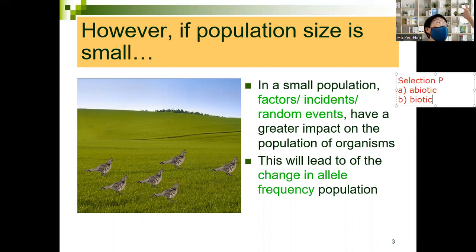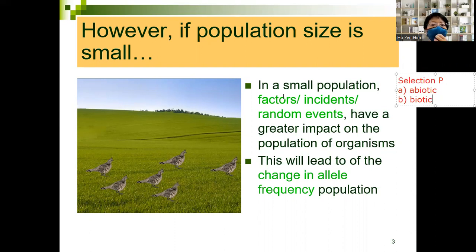Suddenly there is snow, okay? Or no rain, so it's abiotic. Biotic can be a lot of reasons. It could be a predator, an eagle, for example. It can be disease like virus, pathogen, fungus, bacteria that can cause disease, so they die, right? Biotic, or competition for food, competition for breeding ground, competition for mate. So all these things can be the factors that affect the survival, so the selection pressure.